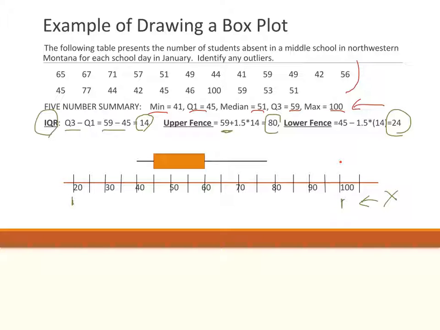But you can see that Q1 is at 45, so here's Q1 right here, and here is Q3 at 59. We haven't put in the median value. The median value is at 51, which we want to put in, and so here is our median value.